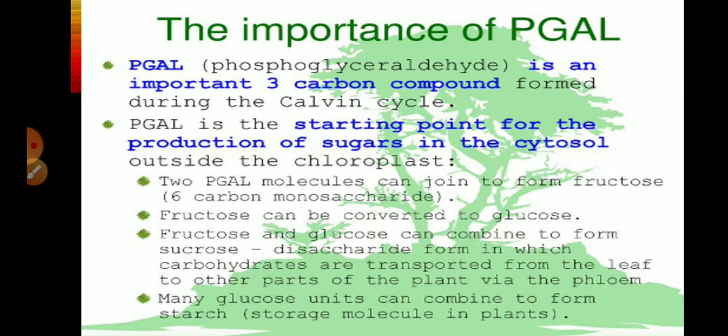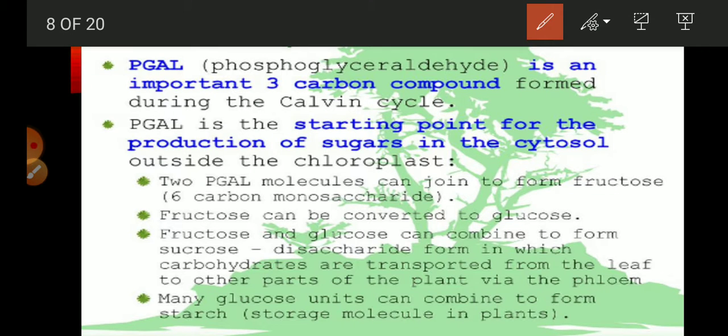In the Calvin cycle, PGAL, phosphoglycerate aldehyde, is a 3 carbon compound, and that is the starting point for the production of sugar in the cytosol in the Calvin cycle. So 2 PGAL molecules join to form fructose.